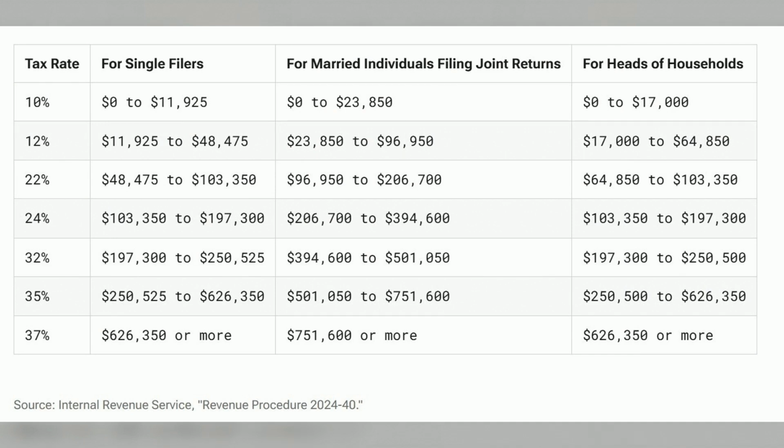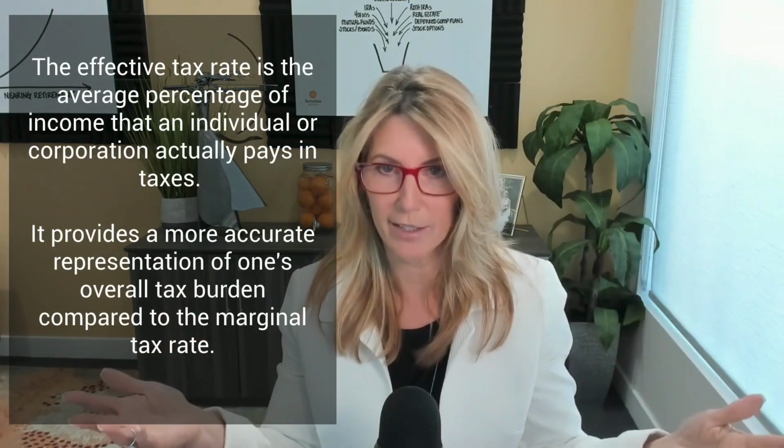And then the next portion, up to $96,950, is going to fall into the 12% marginal rate. If you blend those together, taking the total tax divided by your income, that's going to give you what is referred to as the effective rate.